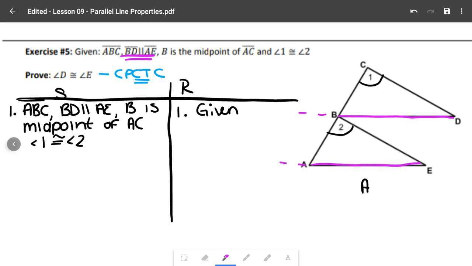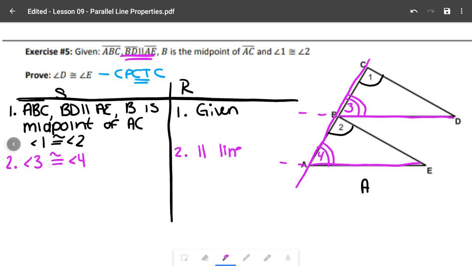So the transversal that's running through both of them can either be BE, but I really think the one here at CA is more helpful because then if I label this angle 3 and angle 4, those are corresponding angles. So I'm able to write in angle 3 congruent to angle 4.